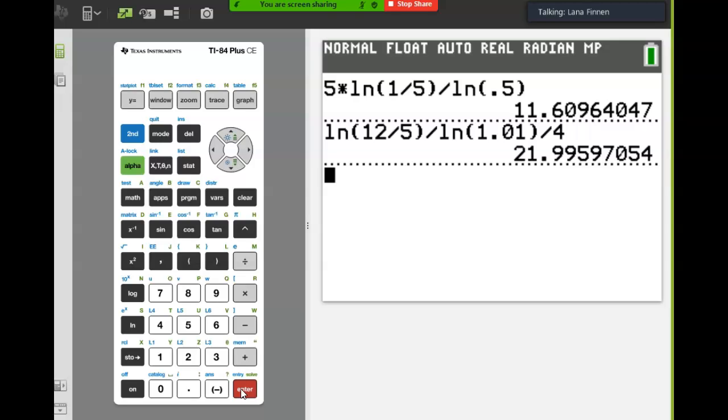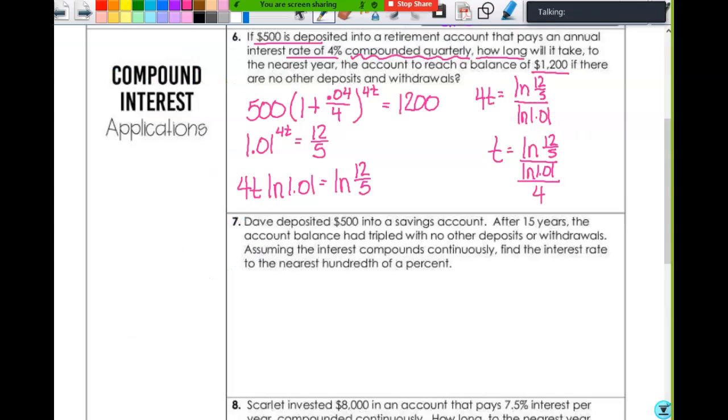It says, how long would it take to the nearest year? So what's my answer? 22 years. So t is equal to 22 years. Any questions at all?